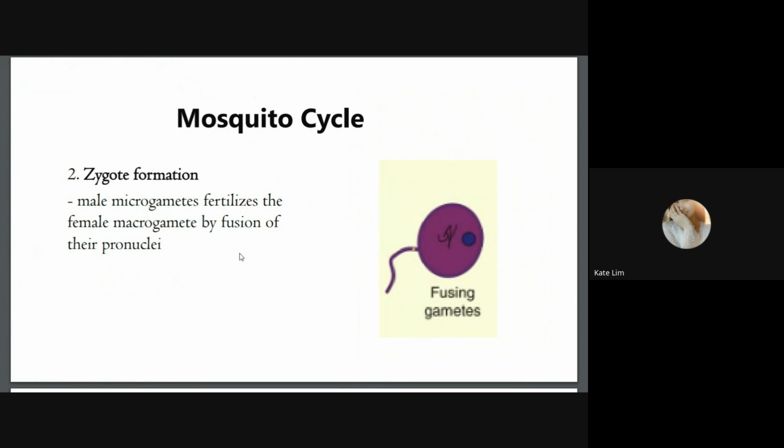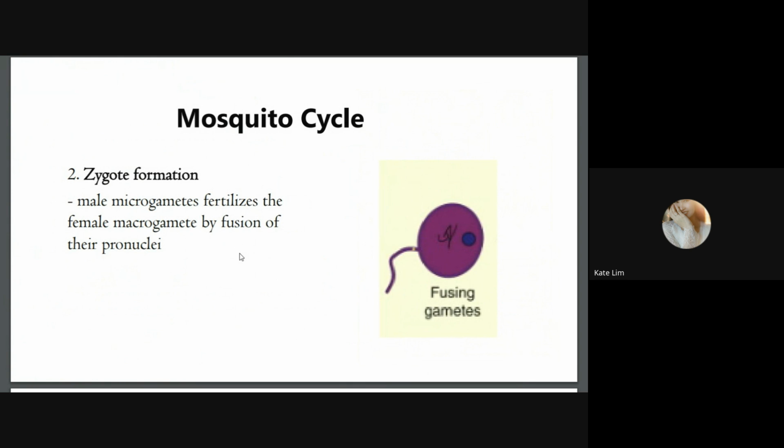So if you have remembered, with the use of your microgametes, the microgametocyte is now motile, it would look for a female macrogametocyte. So when the female and male gametocyte fuse, or undergo the process of fertilization, there would be a product of zygote formation.